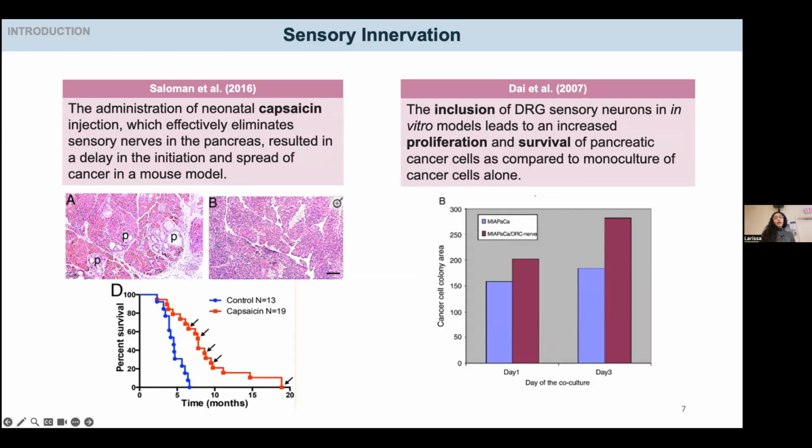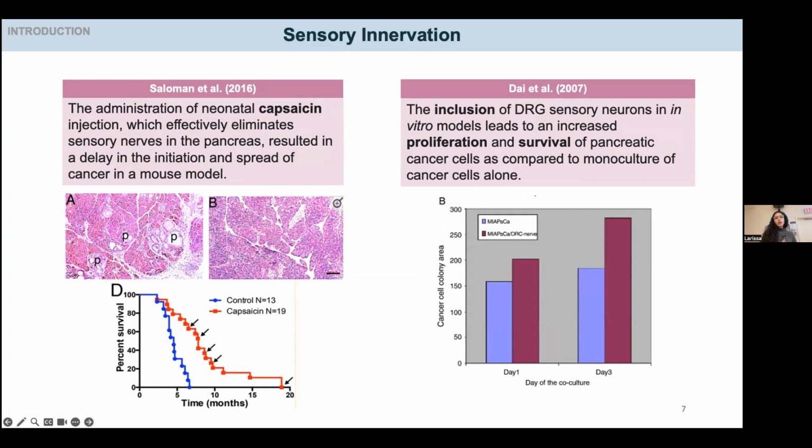So they demonstrated that animals treated with capsaicin had a delay in initiation and spread of cancer. And here in image D, we can see a survival curve showing a significant improvement in the survival of these animals. So in red, we have the curve after administration of capsaicin and without sensory innervation.